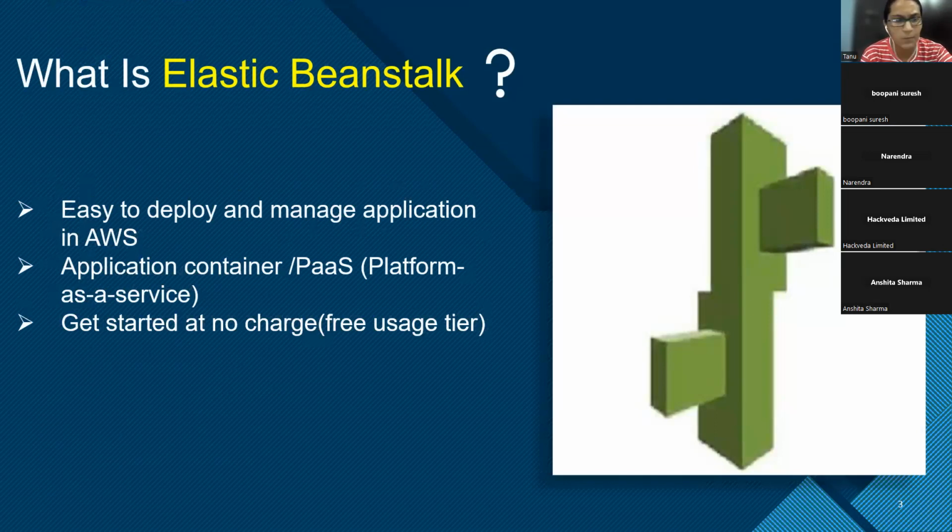We just have to deploy our code, and it is very useful for developers because they do not have to worry about managing the resources in Amazon. They have been given the platform as a service, and there are no upfront fee charges. It allows us to deploy and manage web applications in AWS. So this is the Elastic Beanstalk environment in Amazon.